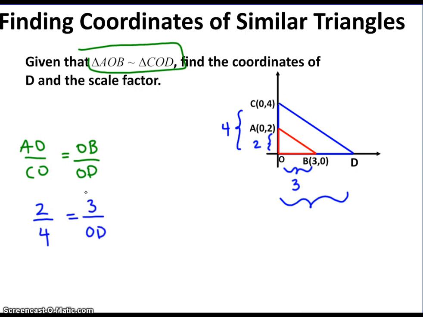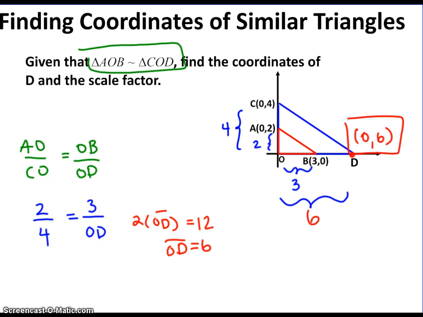So we want to cross multiply. 2OD is equal to 12. So OD must be a length of 6. So if this length is 6, then D must be 0, 6. Okay? So since D lies on the x-axis, its y-coordinate is 0. Since the length is 6, its x-coordinate must be 6.